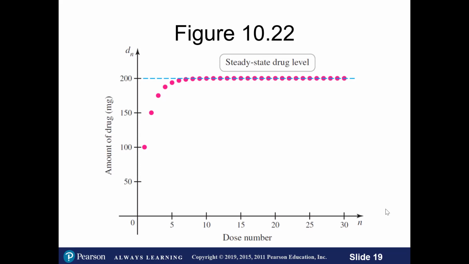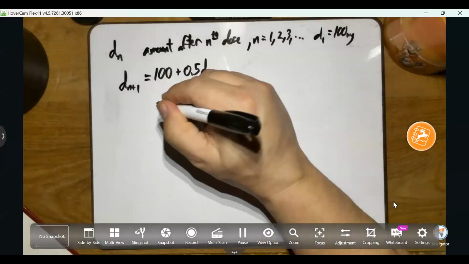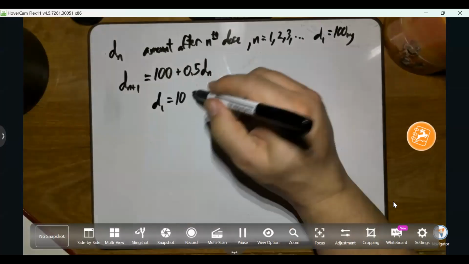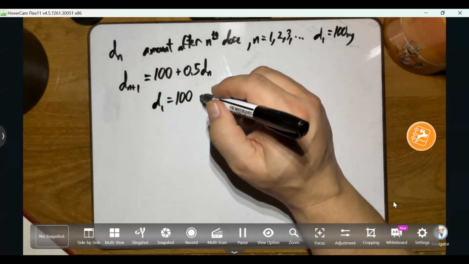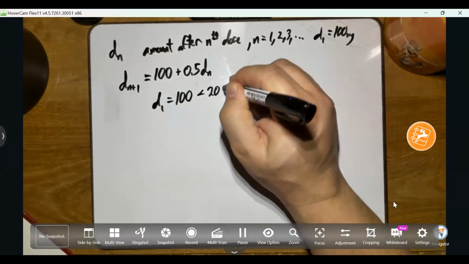The first thing is we note that d1 equals our first dose, which is 100, which is less than 200.